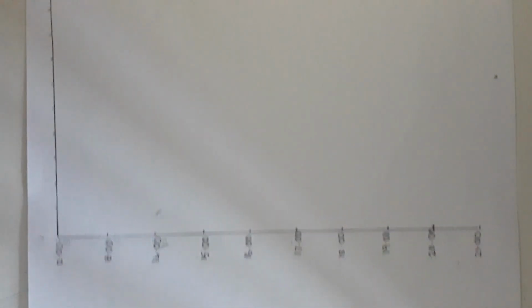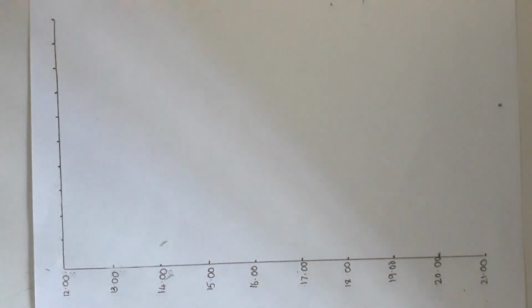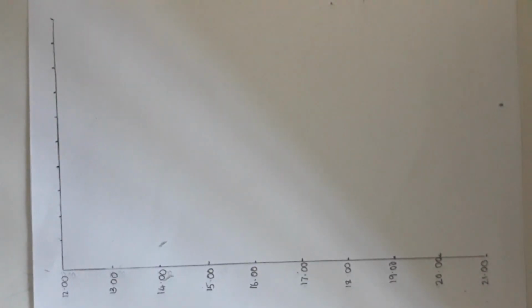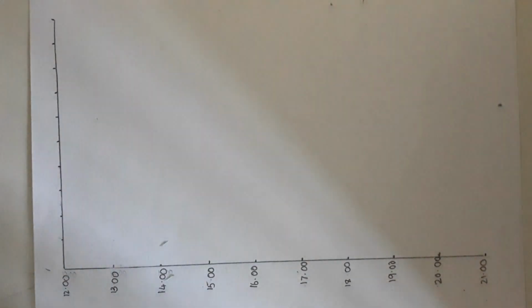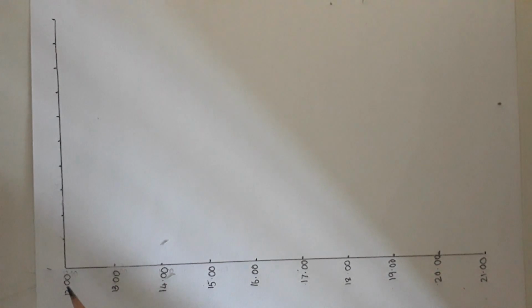Okay, so now we're going to do the y-axis. We're really going to need to think about what scale our y-axis is going to go up in, because it could go up in ones.